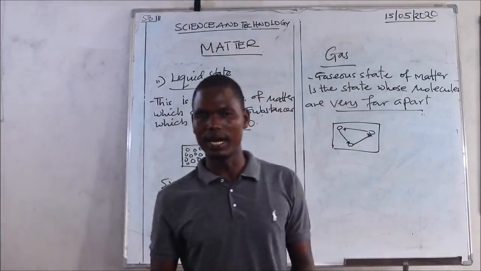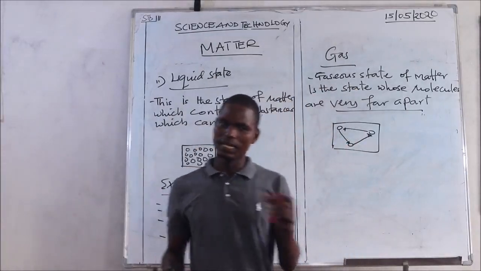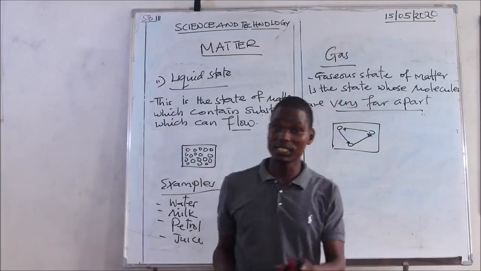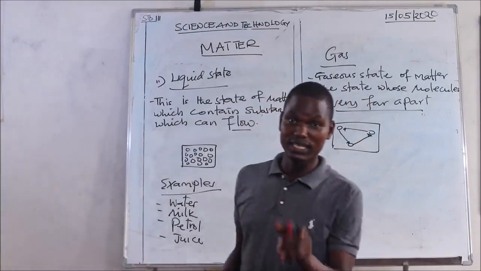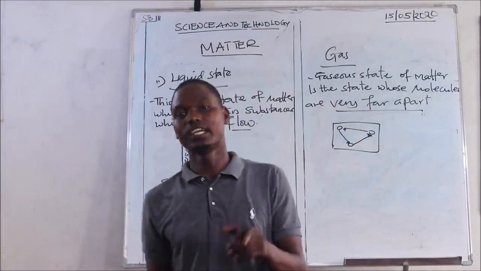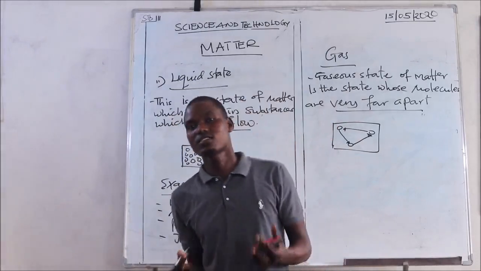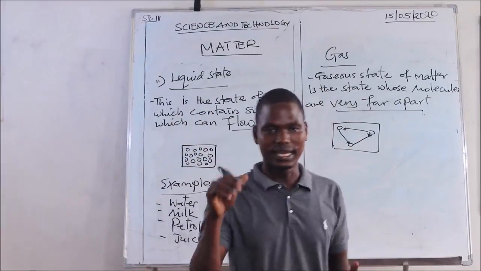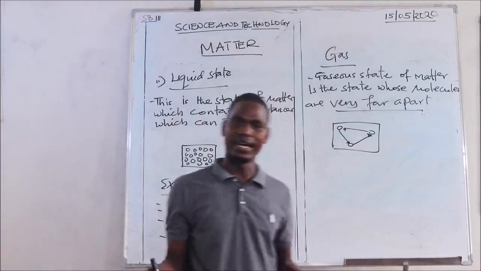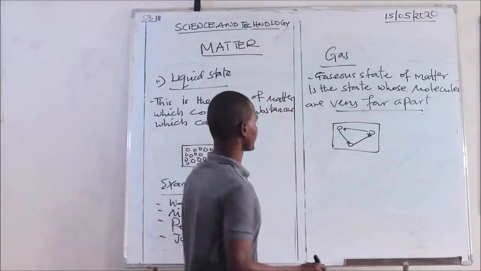Very, very far apart. And that is why I have said things in this state cannot be seen. Gas cannot be seen. Air, which is in gaseous state, cannot be seen. But we can just feel that there is gas, or there is air, or wind.